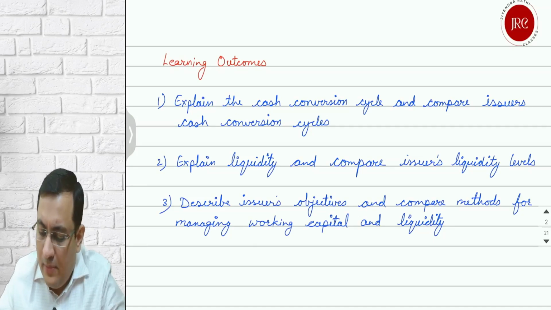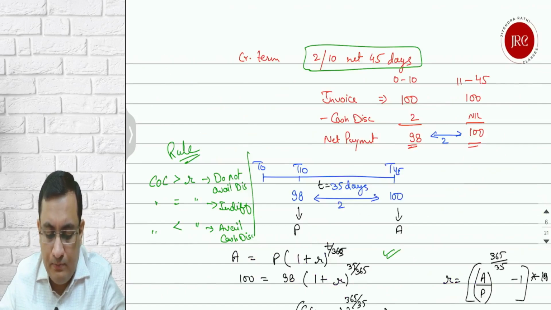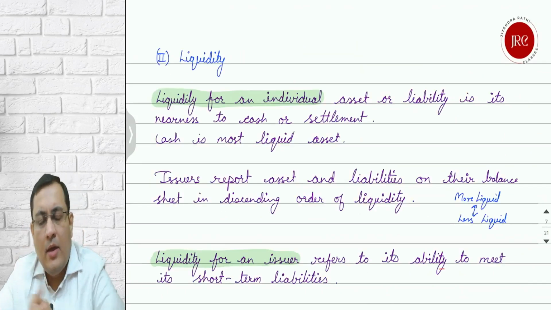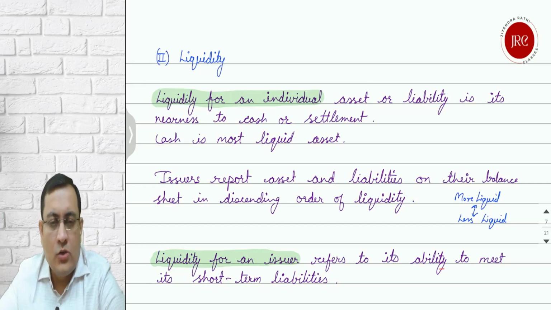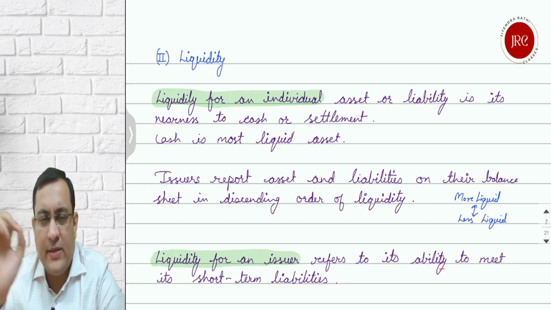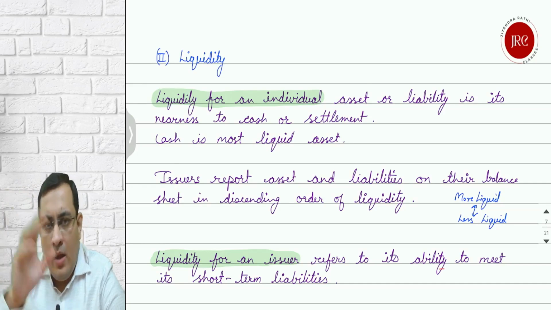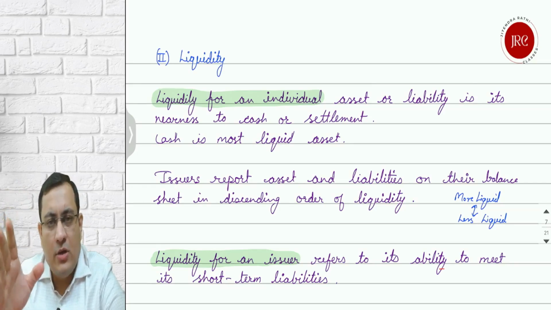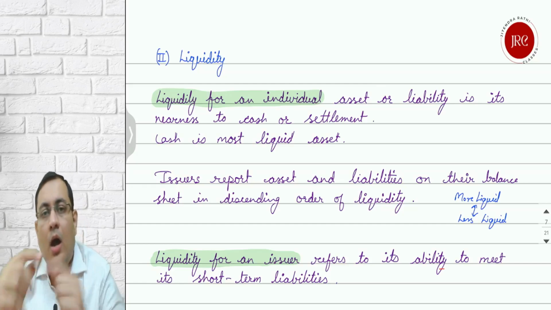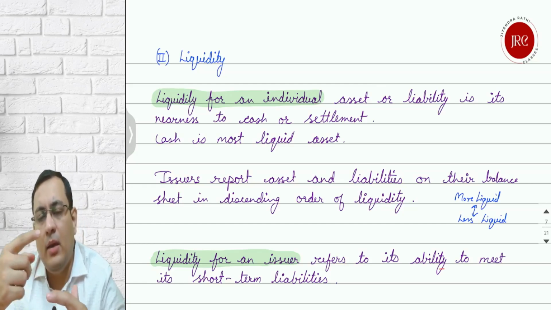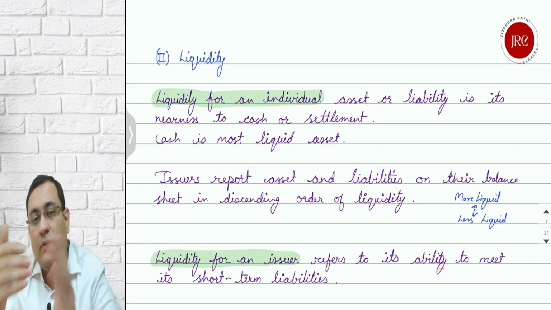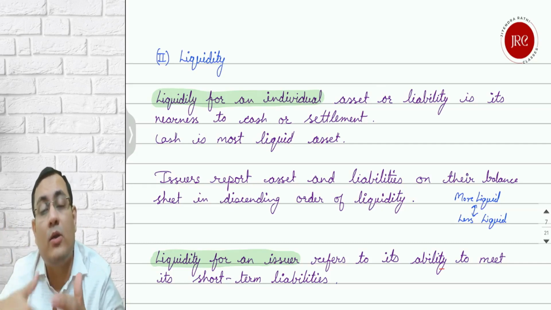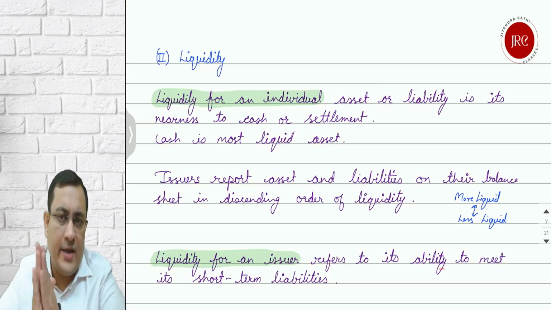First of all, what do we mean by the term liquidity? Liquidity can be explained in two ways. First, in respect of an asset or a liability. With respect to a specific asset or liability, it means its nearness to cash or settlement: how quickly that asset can be converted into or realized into cash, and in case of a liability, how quickly we will be required to settle it by paying cash.